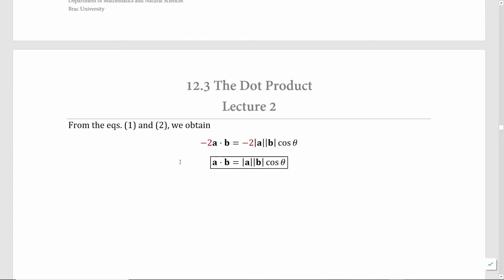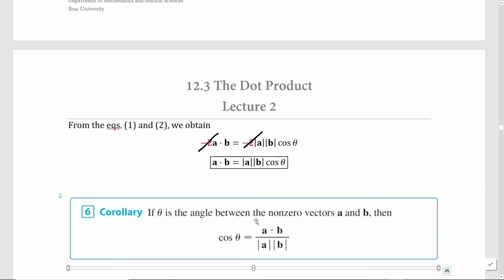If we cancel the factor negative 2 from both sides, we get the required expression. This is the end of the proof of theorem 3. Before we see an example, we have an important corollary of this theorem.